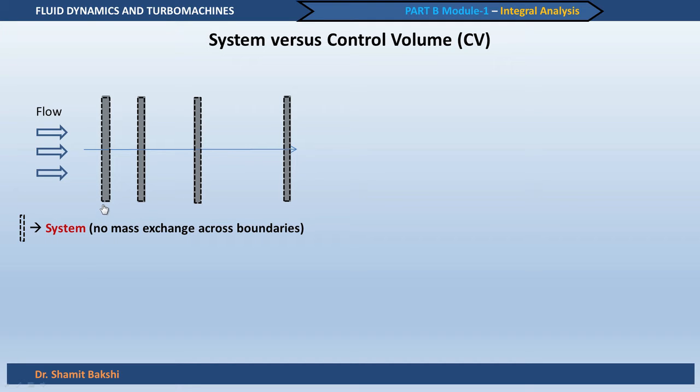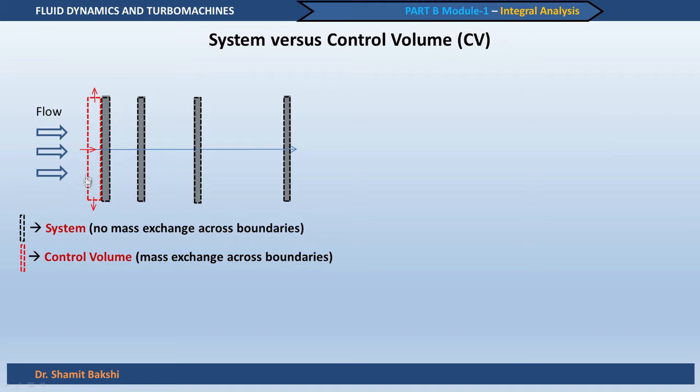Now, in the same case, consider a boundary as shown by this red dashed line. This is essentially the air sticking to the plate. If we consider this as a boundary, then it bounds a region across which there is mass exchange.